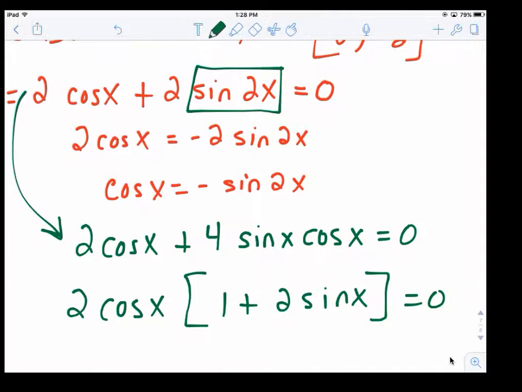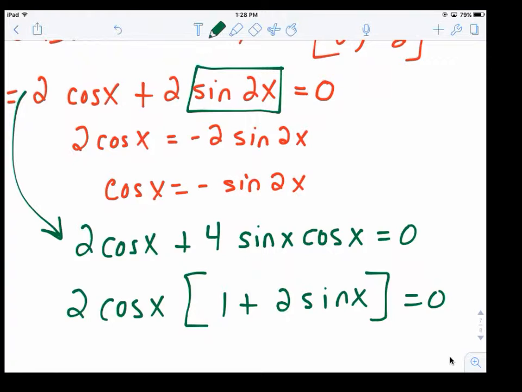All right, 2 sine of 2x turns into 4 sine of x cosine of x. Okay, so again, you take half of the angle and you double the number that's on the outside. All right. It only works for sine of 2x.